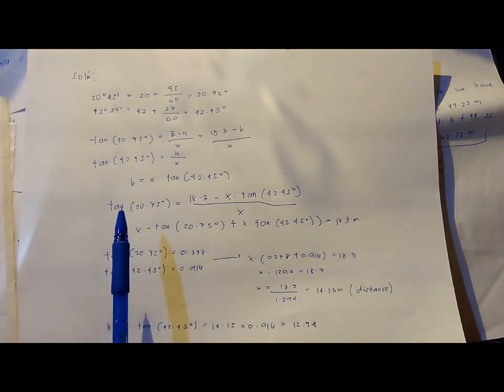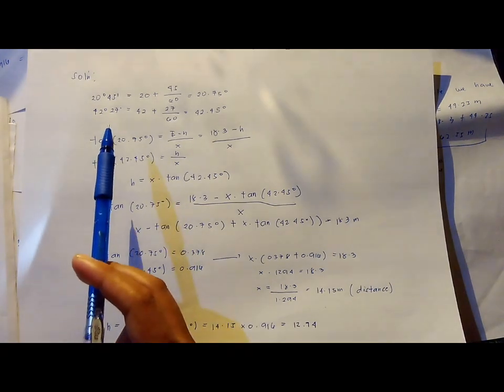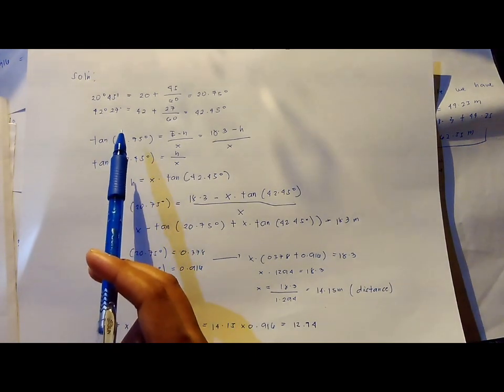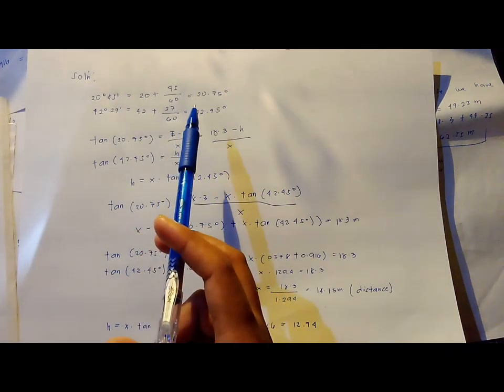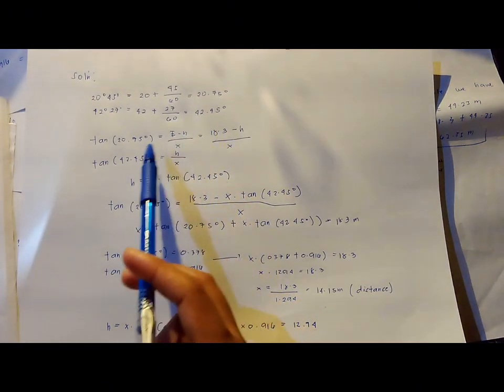Then 42 degrees and 27 minutes is equal to 42 plus 27 over 60, which equals 42.45 degrees.